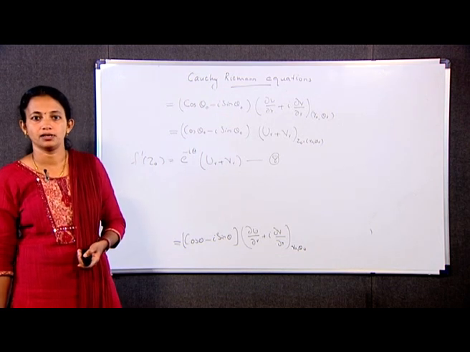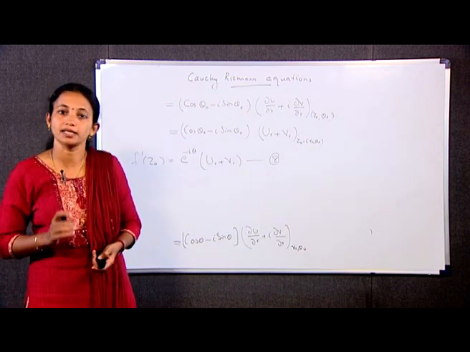Next we have an example: the function f z is equal to 1 by z in polar coordinates.